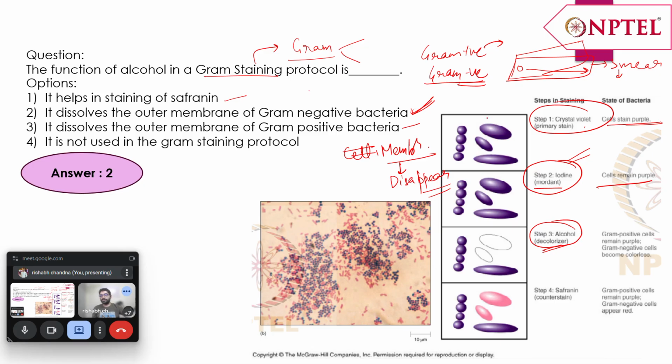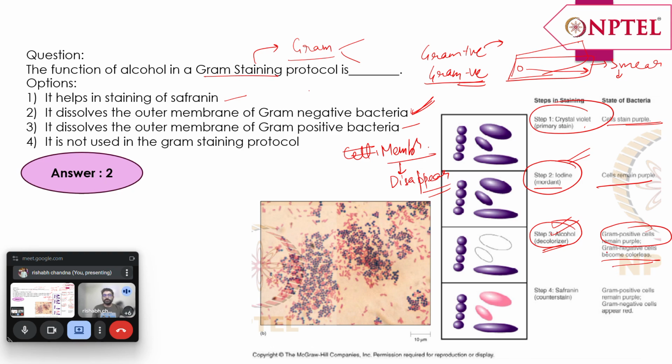So all the bacteria that have a particular membrane outside the cell wall will actually dissolve because of the alcohol. In that case, there would be two kinds of cells: the cells that retain the purple color, and the other ones that were colorless.